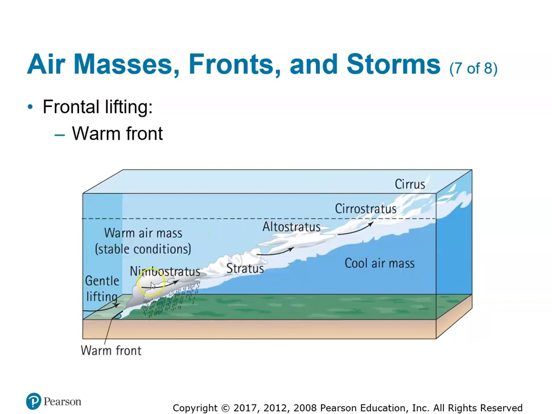So this one is very, very stable air rising up. And so notice what's happening. You'll have nimbostratus clouds and rain, stratus clouds, altostratus, which is the middle ones, and cirrostratus clouds. So that's called a warm front.